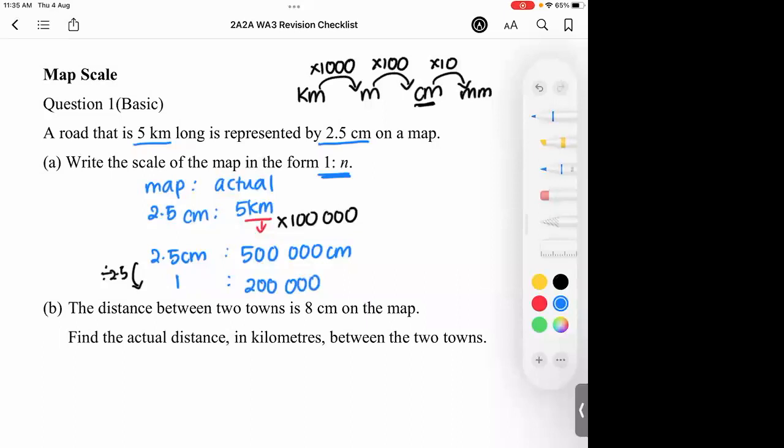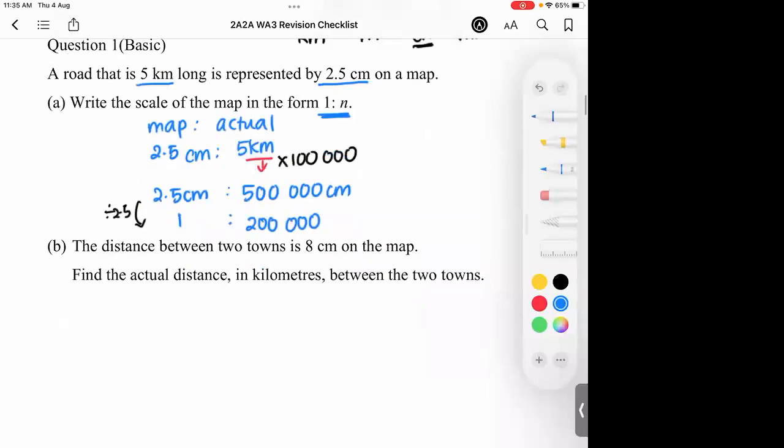Okay, so this is the scale for the map itself. Now the next part of the question says the distance between the two towns is 8 cm on the map. So we have map is to actual. They give you 8 cm on the map, but they want the actual distance in kilometers.